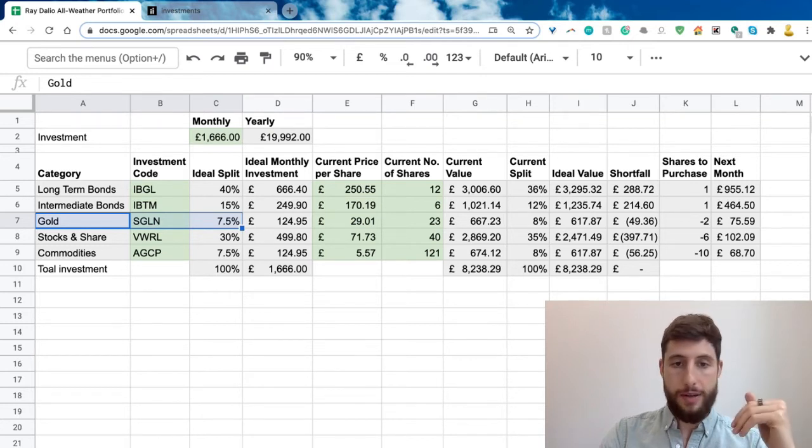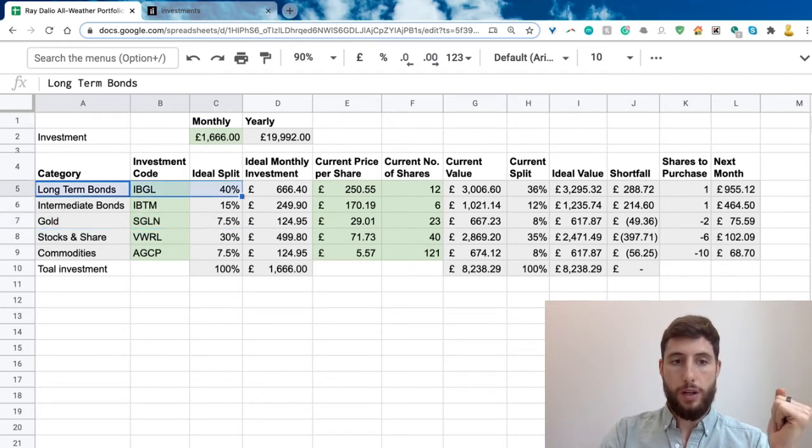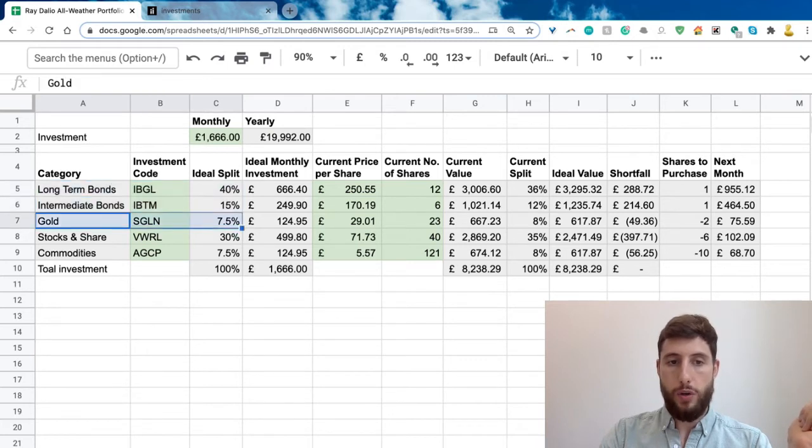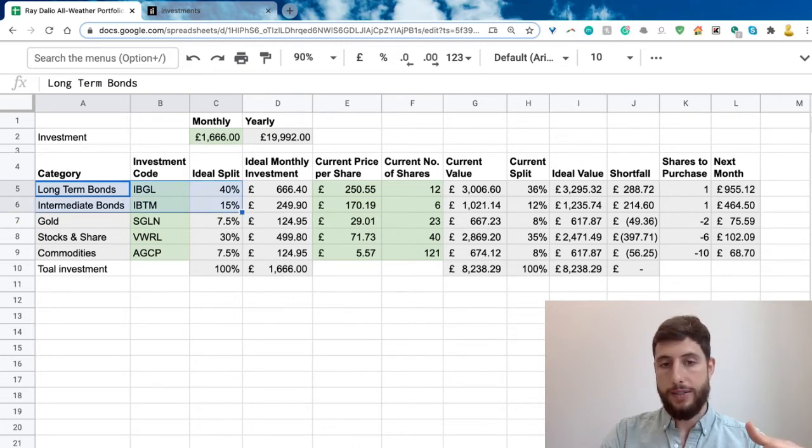If it goes up or down, it goes up and down a lot. Whereas, for example, long-term bonds or any kind of bonds tend to move a lot less, right? So if you had the same amount in each of these, if gold went down, it would go down by a lot. Whereas if bonds went down, they tend to go down less or up less. They are less volatile.